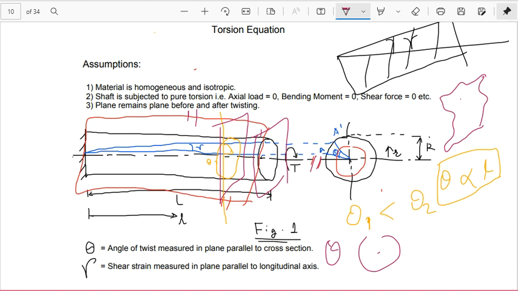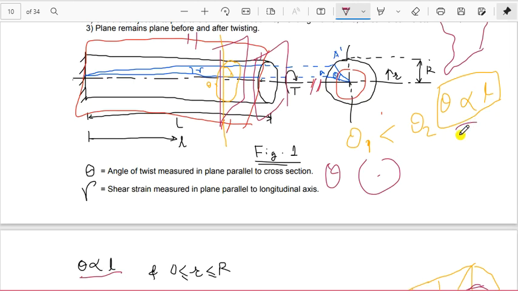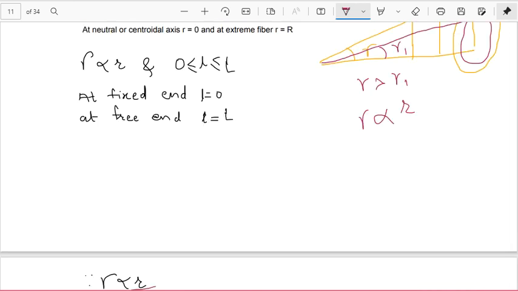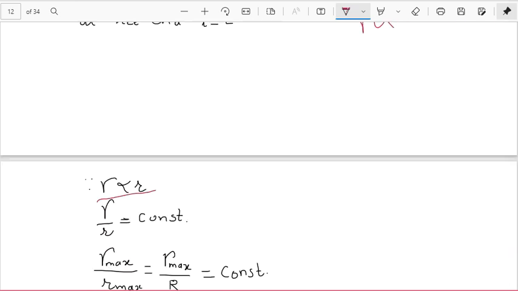Alright. Now, by using these two relations, theta directly proportional to L and gamma directly proportional to R, we will start deriving. This equation also says that gamma by R is constant. So it will be constant at extreme values also.